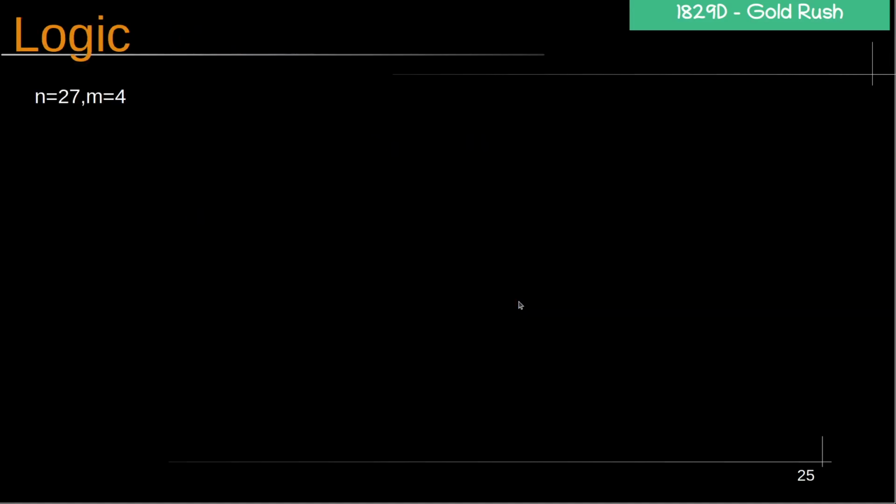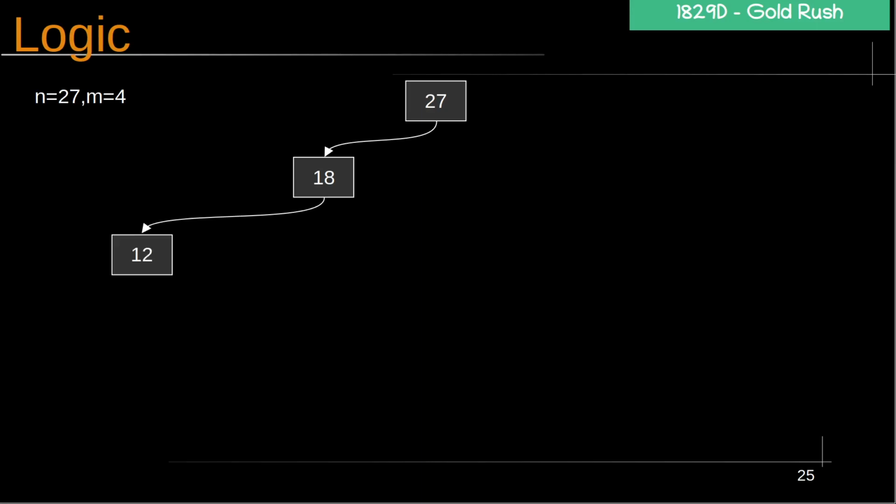Let's take an example here. For example, if n is equal to 27 and m is equal to 4, we can split it into 9 and 18. 18 first. We're going left first. And 18 we can split into 6 and 12.